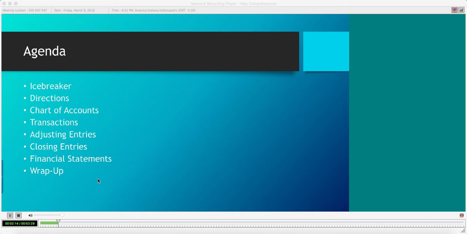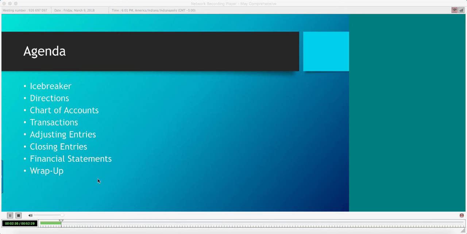And so I want to make sure you know how to calculate that correctly. And also on your after conference assignment, there are some calculations for straight line depreciation as well, just to give you additional practice. Go over the closing entries.